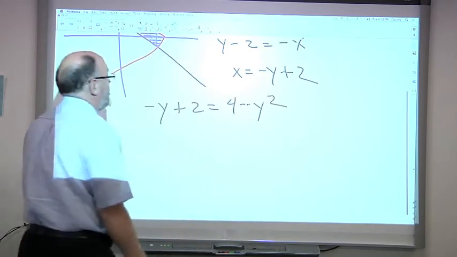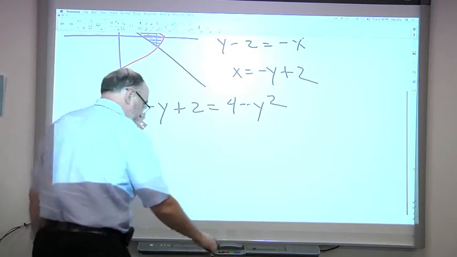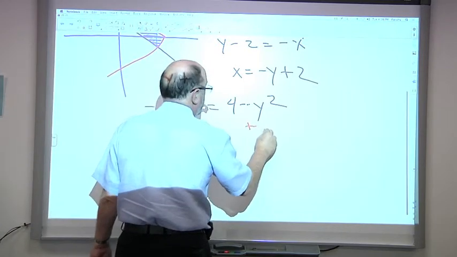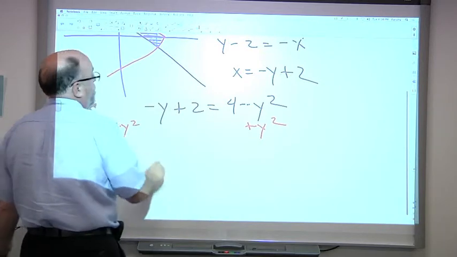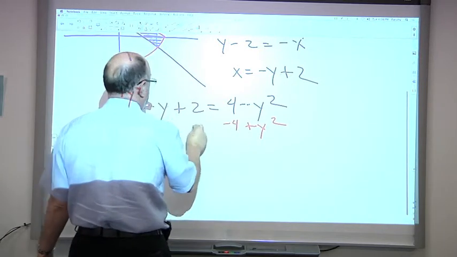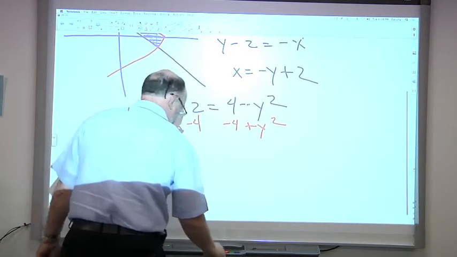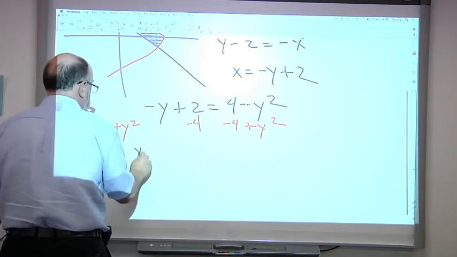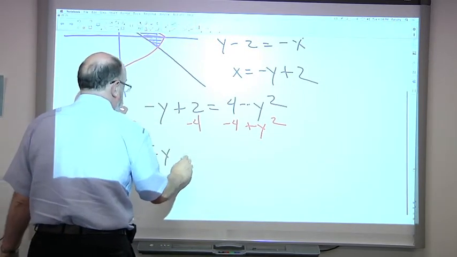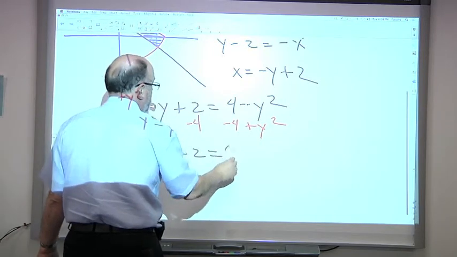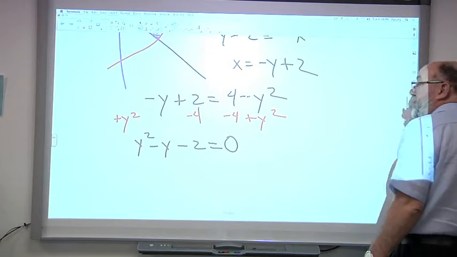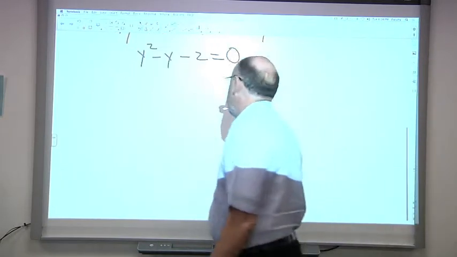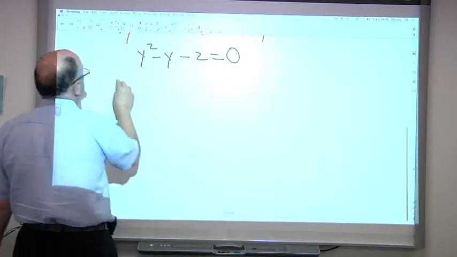Again, it's quadratic, so we want to set equal to 0. So let's bring the y squared over. Subtract the 4. And so we get y squared minus y minus 2 equals 0. And now we want to solve that quadratic. And again, this is factorable.